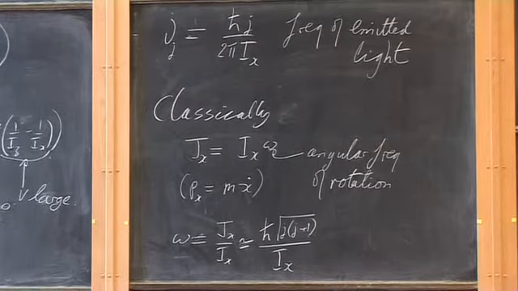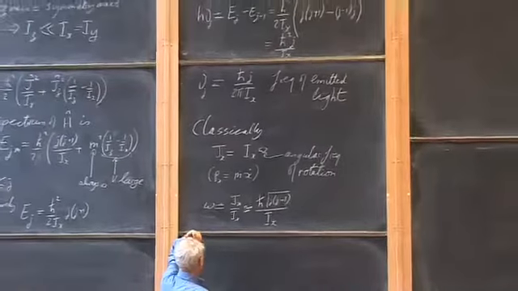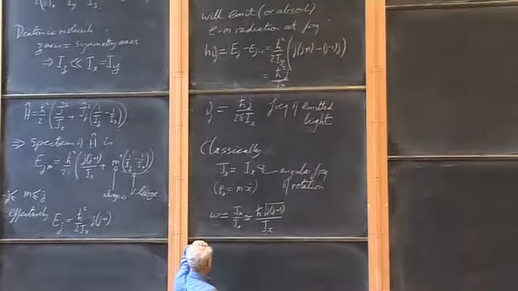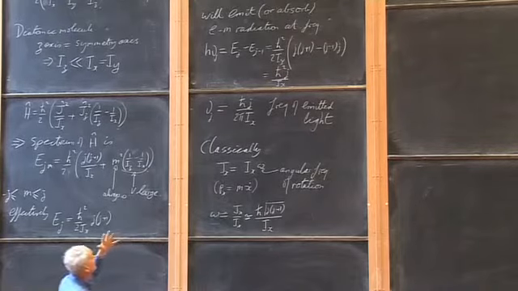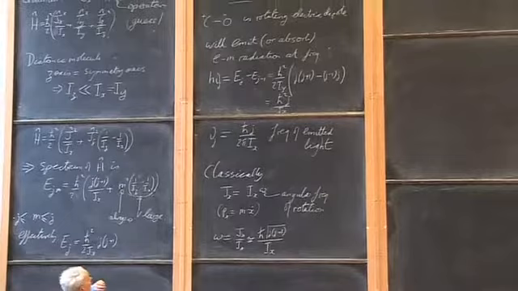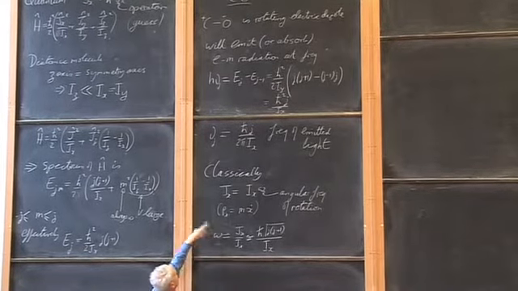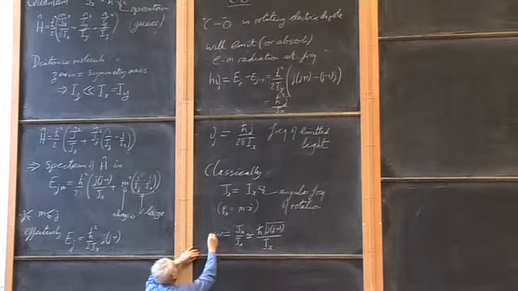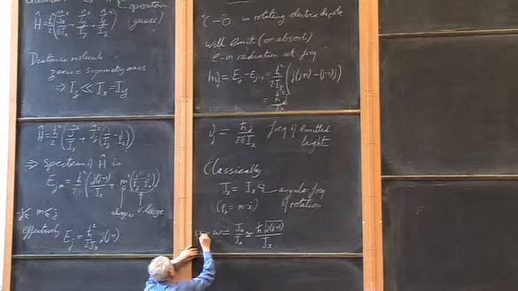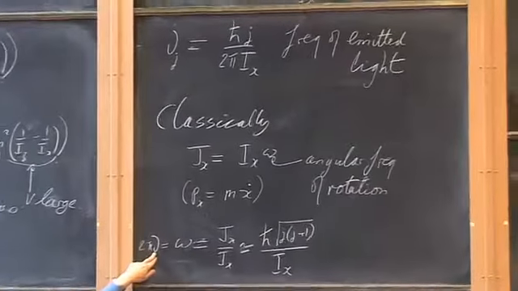And we want to relate this to the frequency we had up there, with a factor of 2 pi. Have I done something wrong? Oh, it's because, sorry, this is the angular frequency, that's the actual frequency, right? So this is equal to 2 pi times the frequency of rotation.